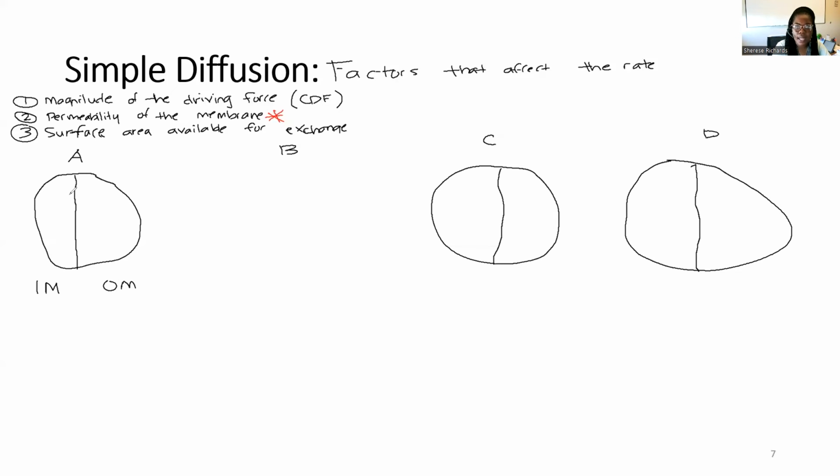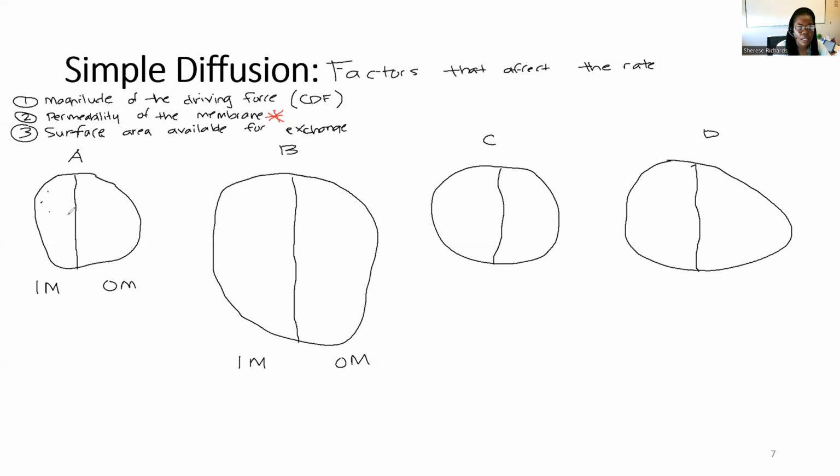Let's say we had a cell in cell B that was twice the size of the cell in scenario A. So now we have a membrane that is 2 times the length of this membrane, right? Our concentration gradient is still going to be the same, 1 mole here and 0 mole here. So we have 1 mole of particles on this side and 0 moles on this side. Here we have the same thing, 1 mole of particles on this side and 0 on this side.